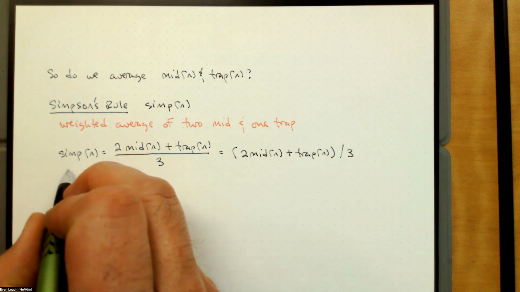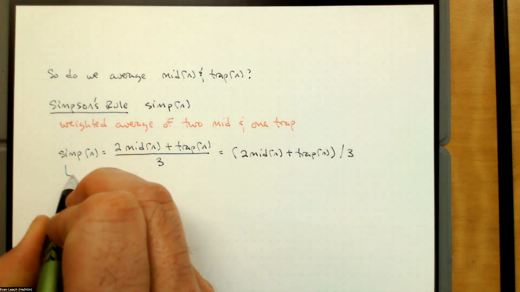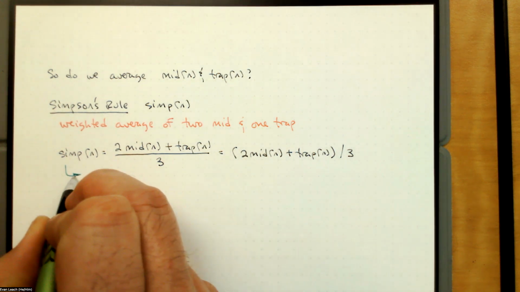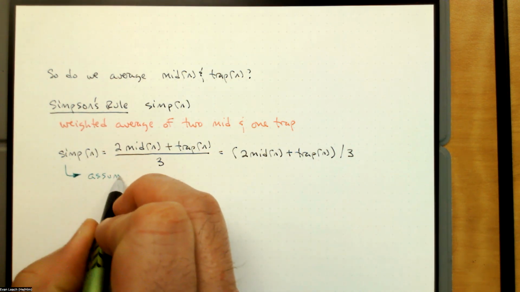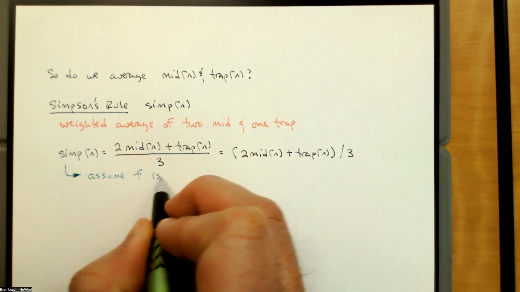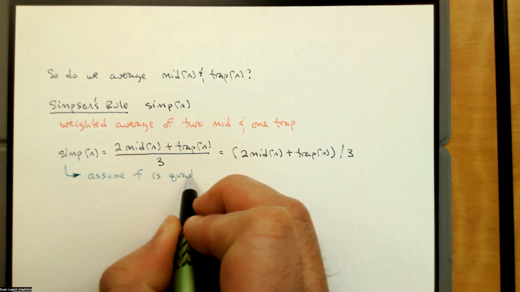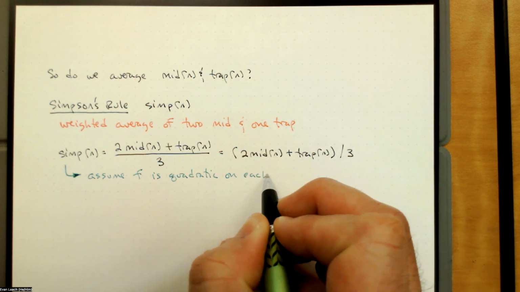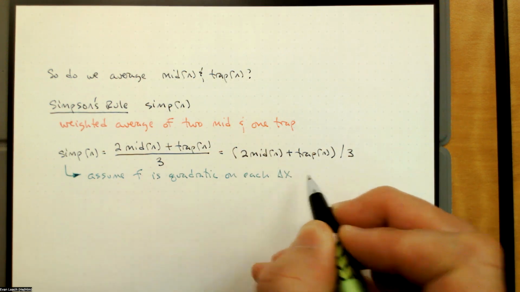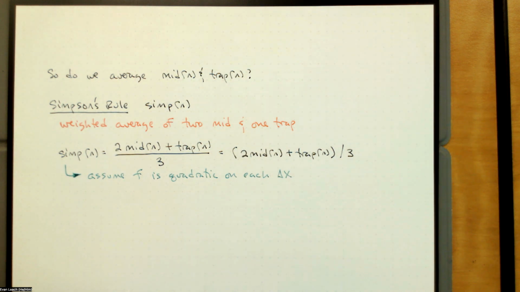So once again we are changing our assumption, and we assume that f is quadratic on each delta x.